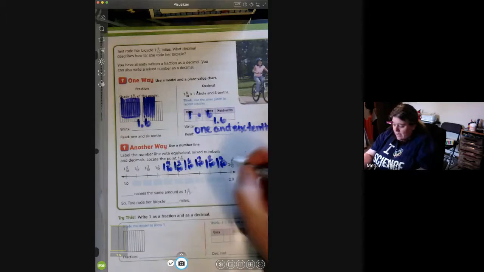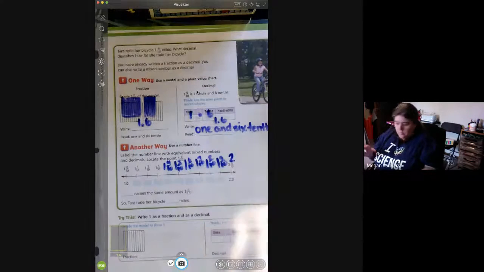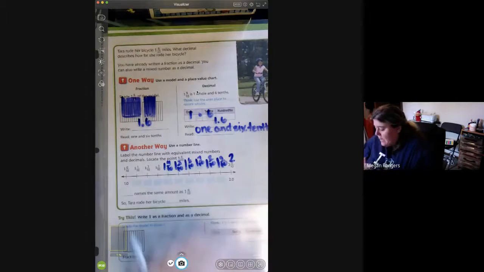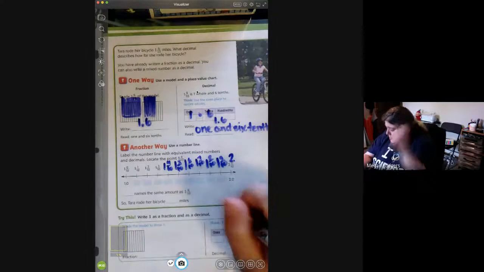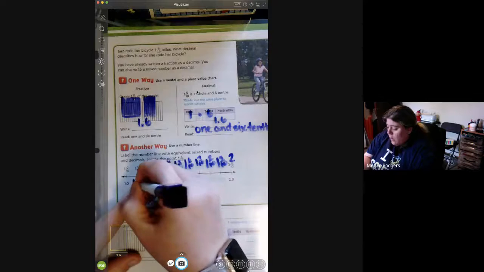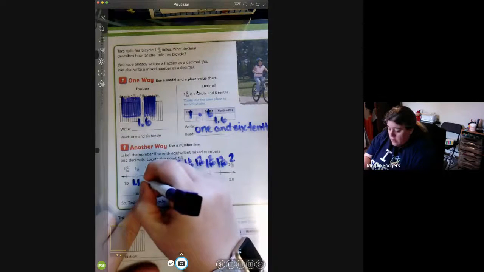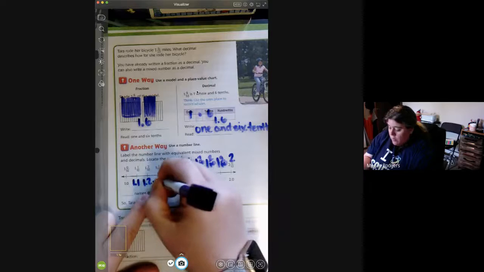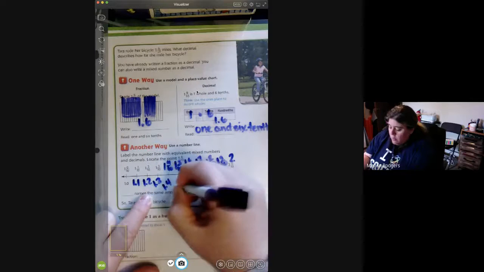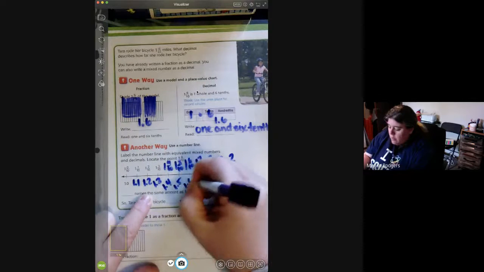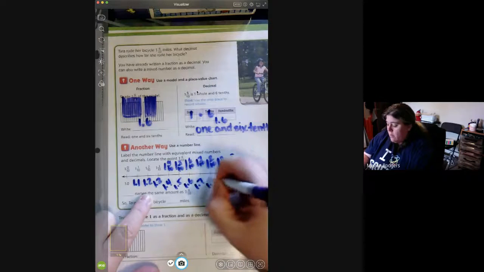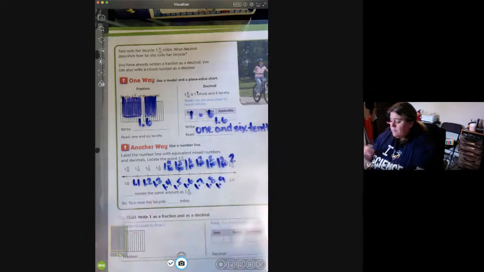We don't ever write it like that. That would just be a 2. All right, so now down here, I have one whole and I have 1/10, so there's a 1 in my tenths place. So then 1.2, 1.3, 1.4, 1.5, 1.6, 1.7, 1.8, 1.9.